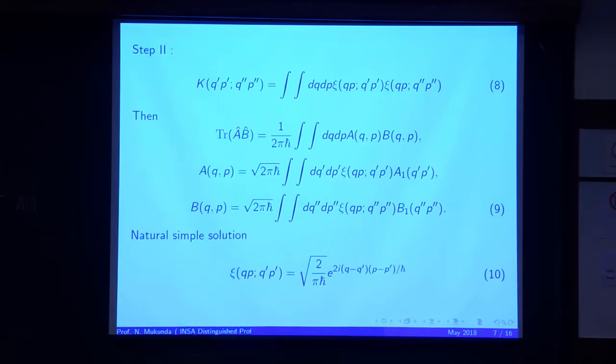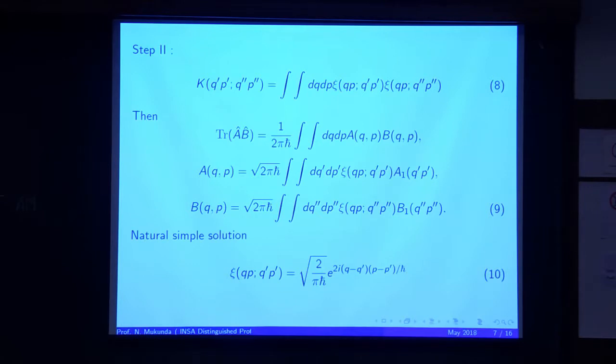You can say the trace of two quantum mechanical operators is a phase space classical integral of two C-number functions, and here is how A and B of QP classical functions are obtained from the first set A1, B1 by putting one psi with A1, the other attaching it to B1.